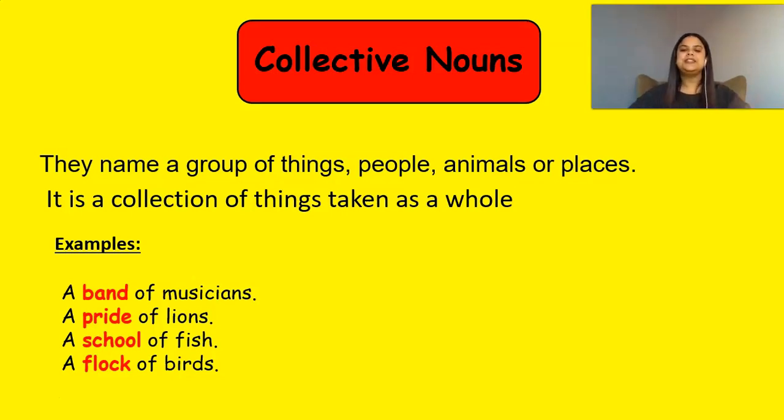There are many different collective nouns because they name a group of things, people, places, animals. And you can sit there thinking, I wonder what the name of a group of fish is called. And that is how we can get to know our different collective nouns.